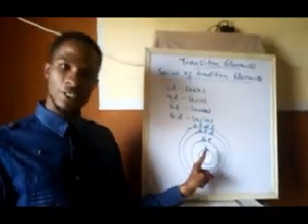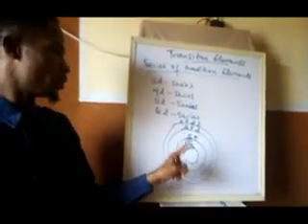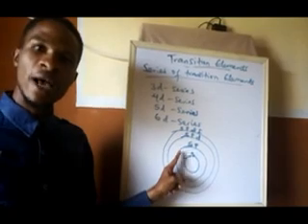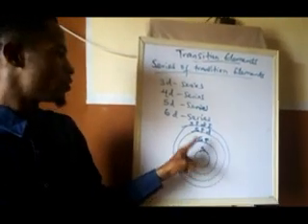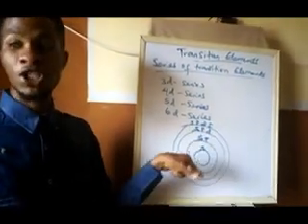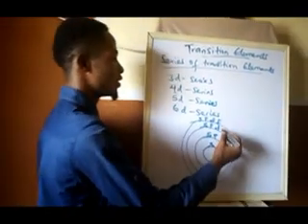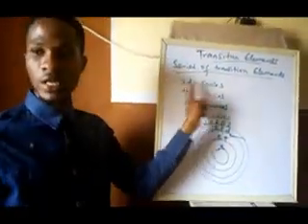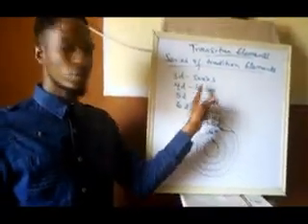In the first shell, there is absence of d orbital. In the second shell, there is absence of d orbital. Now look at the third shell, we have the d orbital. That is why it is starting from 3D series.